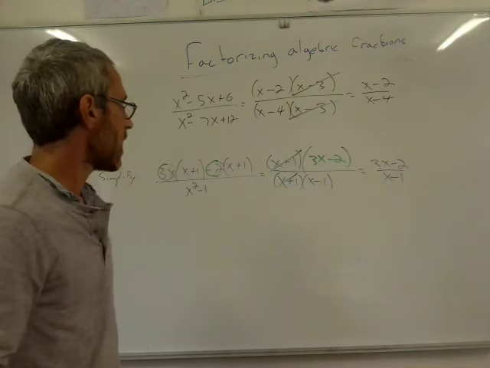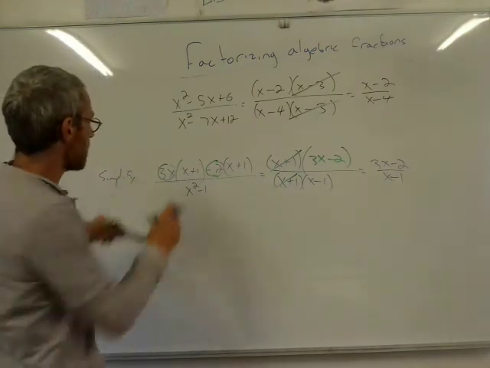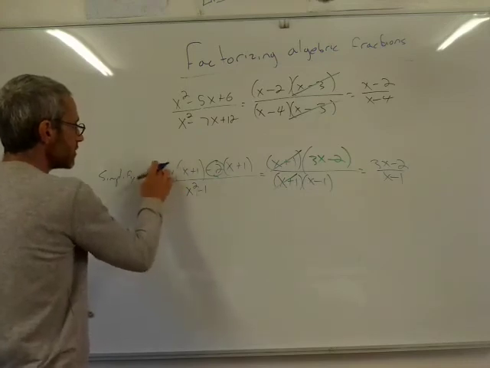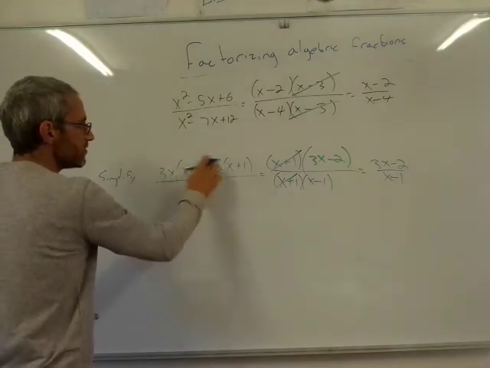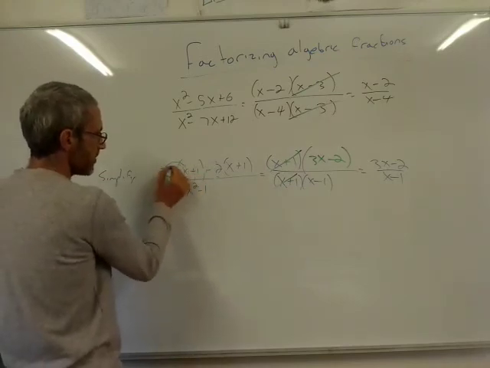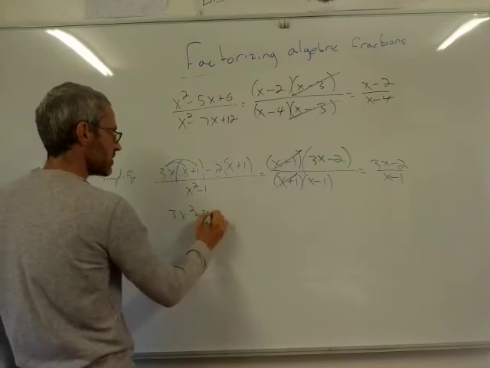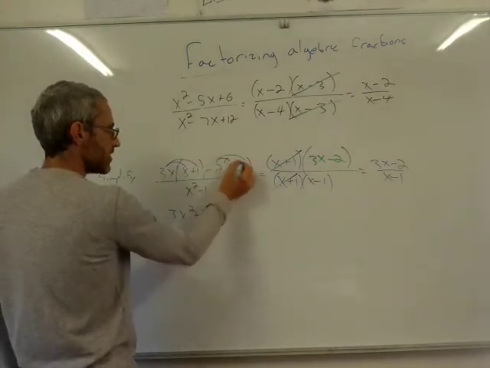Now, just before we finish, I want to show you what would have happened if we just foiled, just to show you that it wouldn't have led us in the right way. If I foil this, I would multiply that by that and that by that. 3x squared plus 3x. And this by that and this by that.